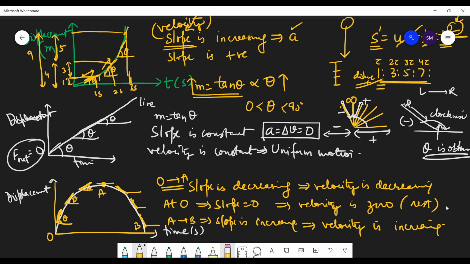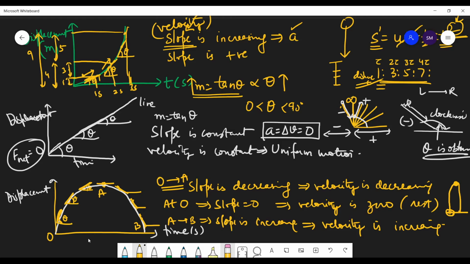When does this happen? When you throw a ball upward, what happens? Does the velocity decrease? Yes, sir. And what happens when the ball comes to the maximum height? Zero. And what happens when the ball again comes down? Velocity increases.